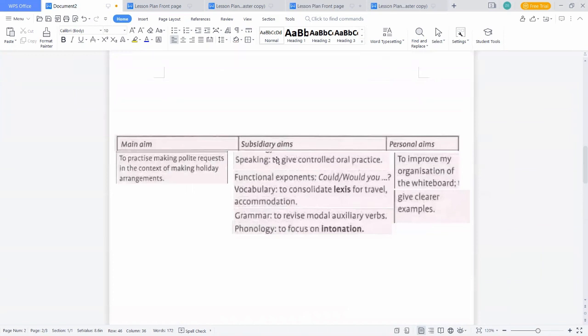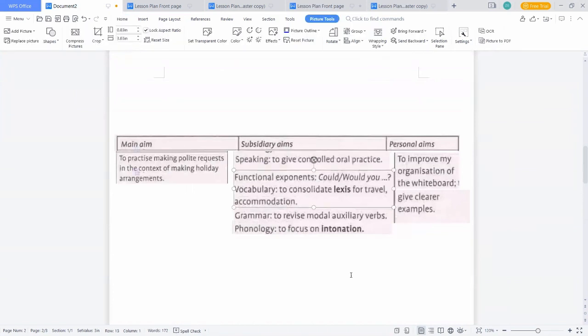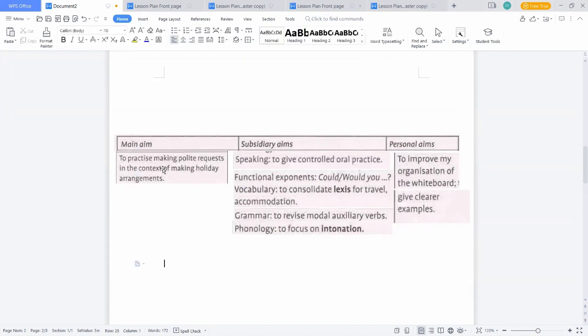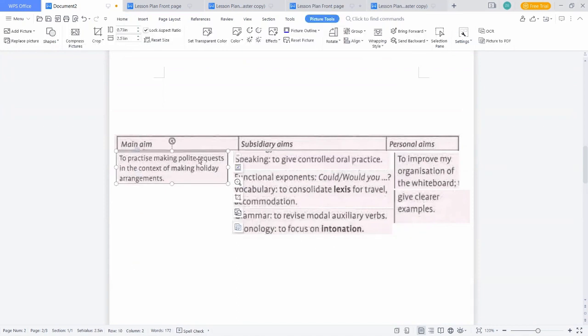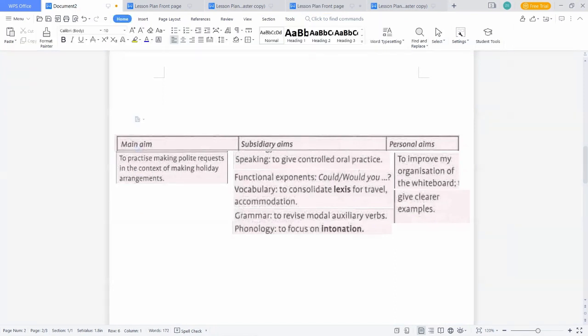Your sub-aims are smaller things that get practiced during the lesson. So in making polite requests, you have to learn could and would you. That's part of the subsidiary aims. These are the things students have to learn in order to do the main aim.